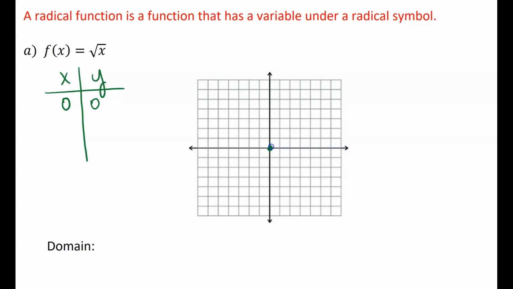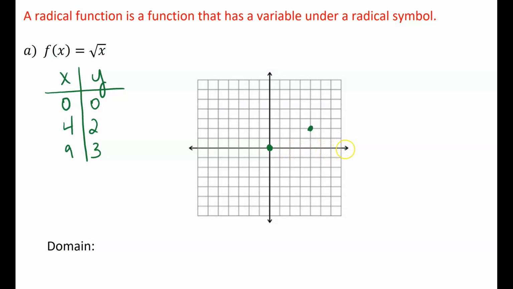So we'll plot that one. Okay, what else would be a good value? 4. And the square root of 4 is 2. Okay, what else might be a good value? 9. And the square root of 9 is 3.